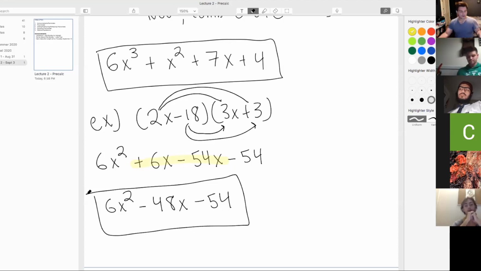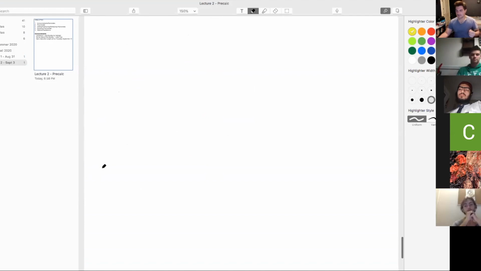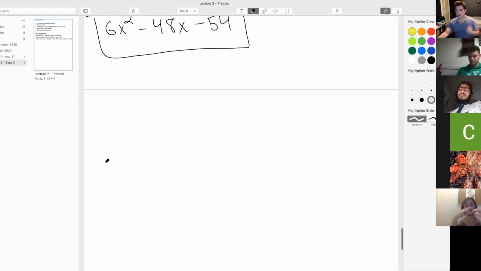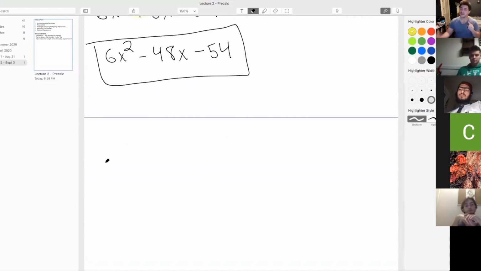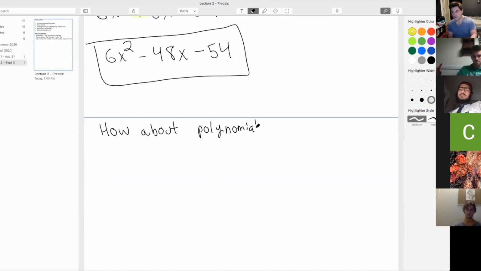Okay. So we'll do one last example, but the polynomial will be of several variables. So let's just see what that looks like. How about polynomials with several variables? So far, all of our polynomials have just had one variable x.